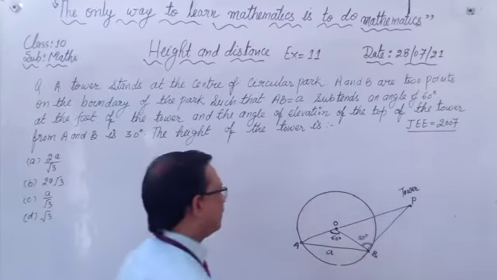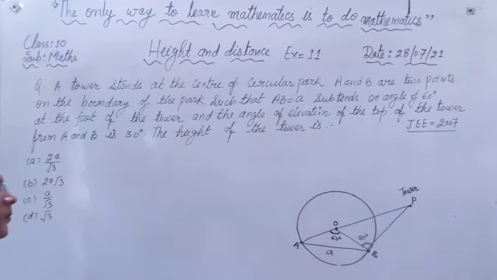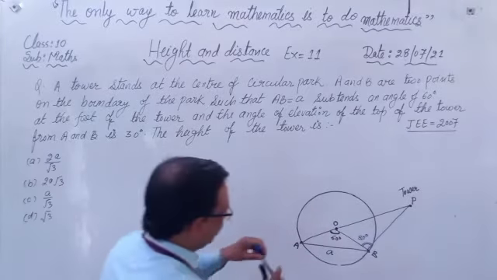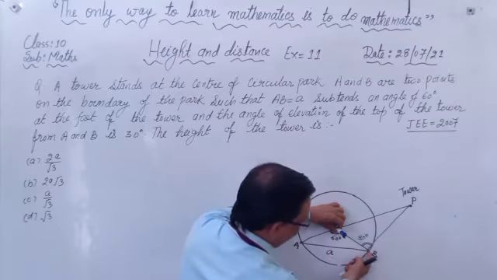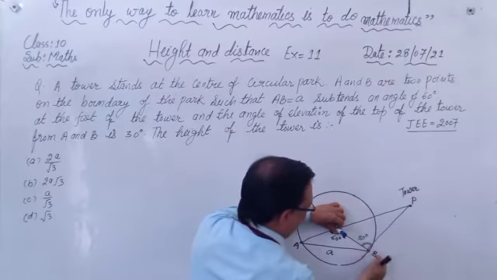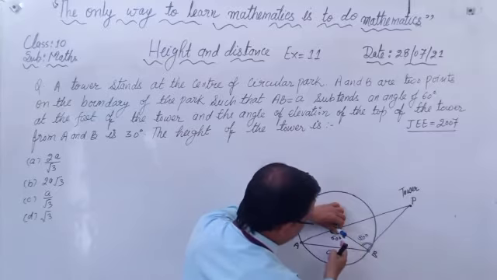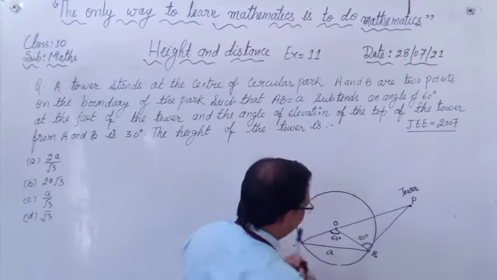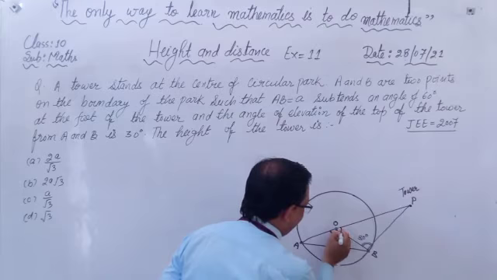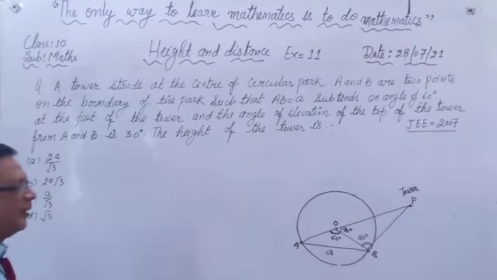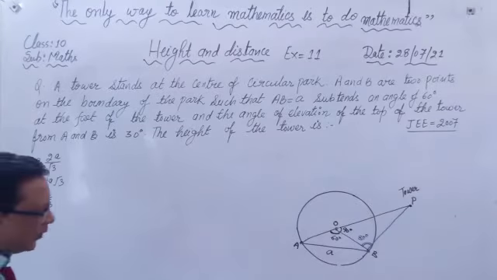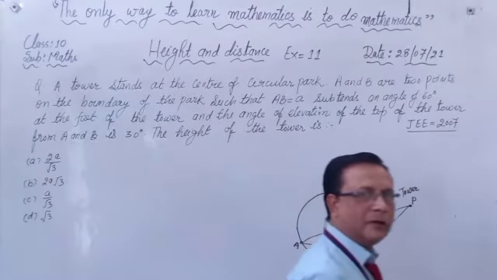From here the elevation is also 30 degrees. So here we see that the tower stands here, these 2 points make an angle of 60 degrees, and the angle of elevation is 30 degrees. It means this angle is 90 degrees. So first you draw the diagram, then we solve our problem.